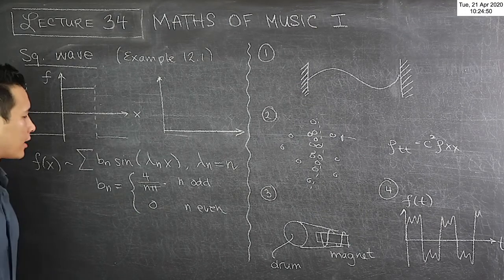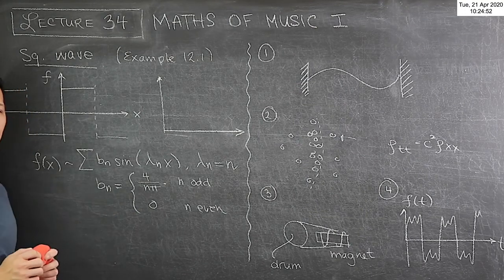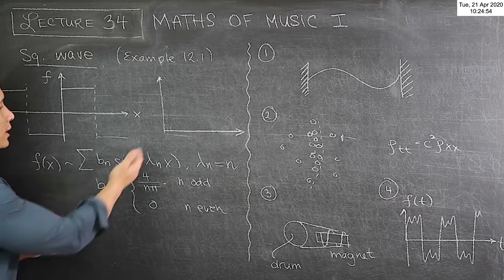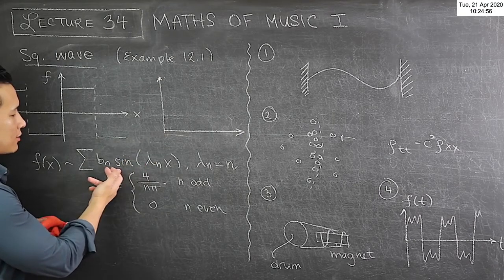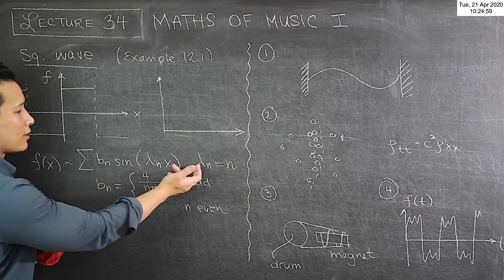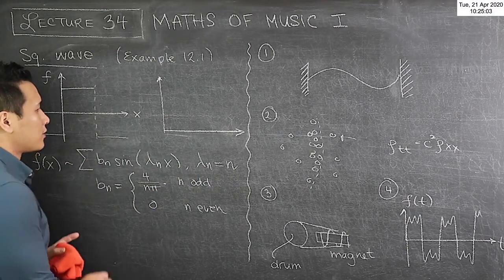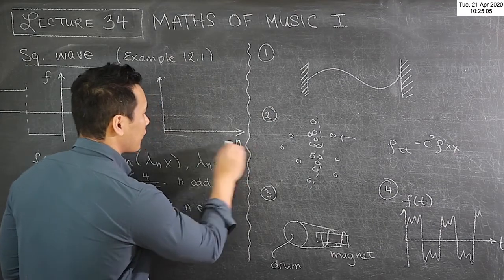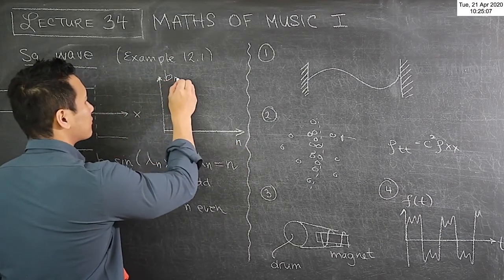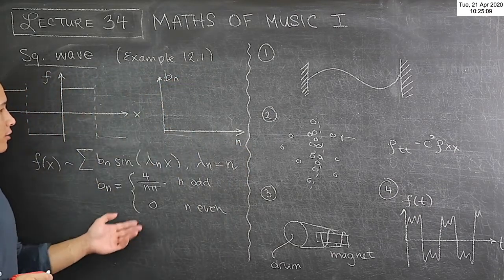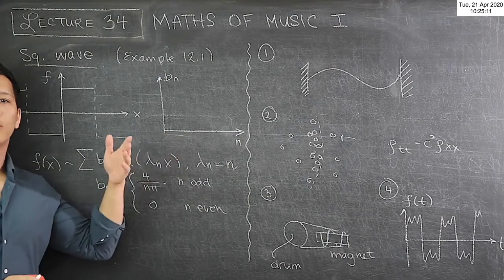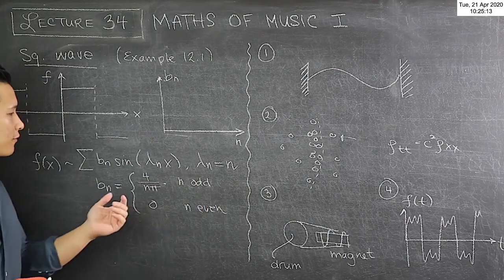Now, another way of representing this information is for me to plot these amplitudes bn against the eigenvalues lambda n. So I could make a plot here of n versus bn. If I were to do so, then n would go through 1, 2, 3, 4, 5, and so forth.